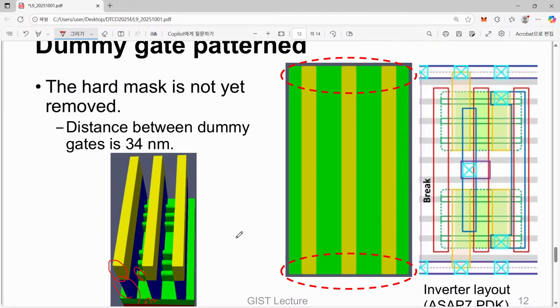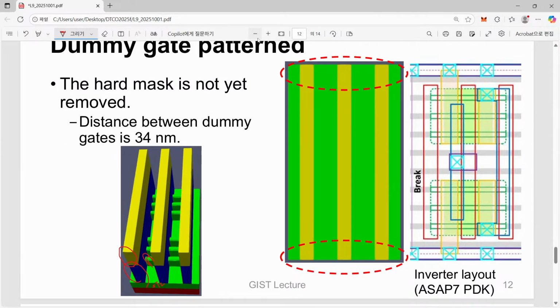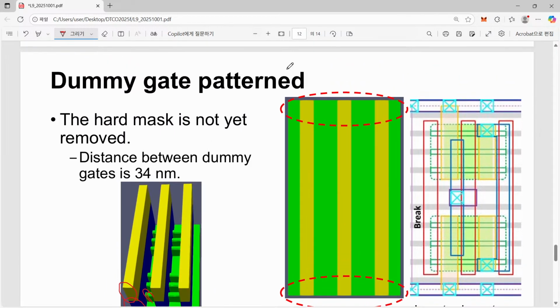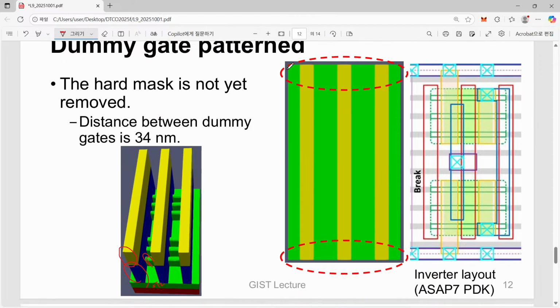So now check the status. This is the comparison between our inverter layout in the ASAP7 PDK and our structure. Our fins previously shown are now hidden in this top view, but we all know that there are 3 fins here and also 3 fins there.